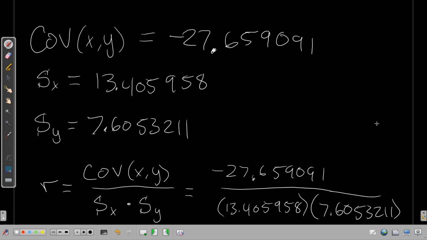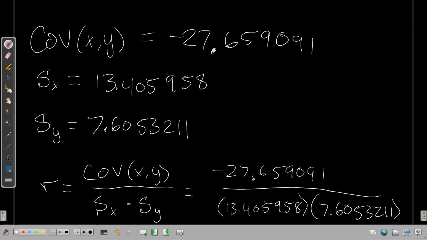With my handheld calculator, I get an R value of negative 0.27128, and so on. So there's a negative correlation, but it's not very strong, right? Because if the R value is close to 0, then the correlation is very weak.